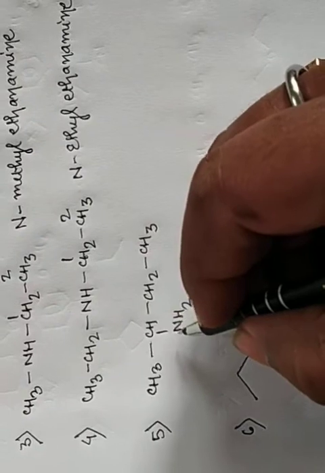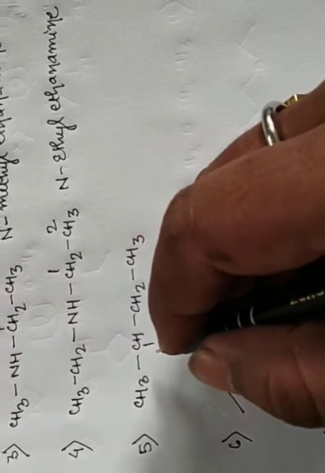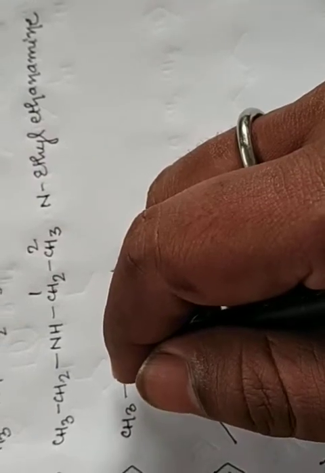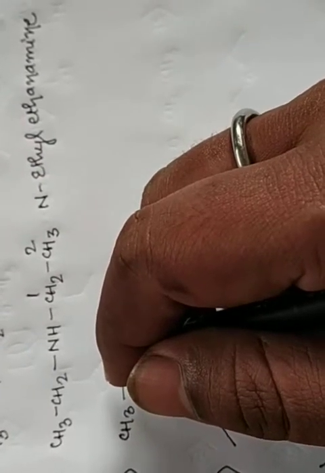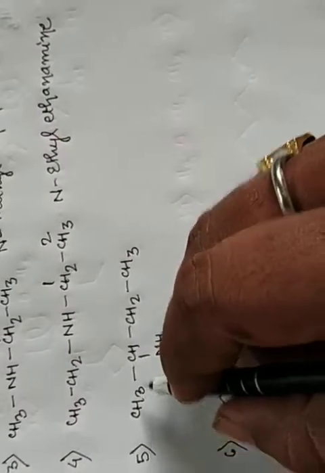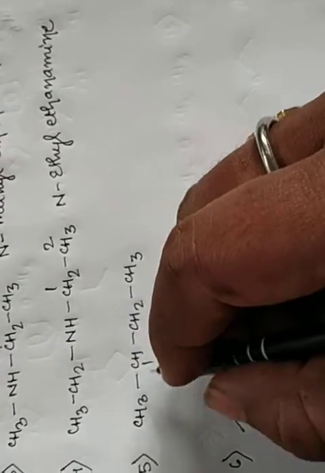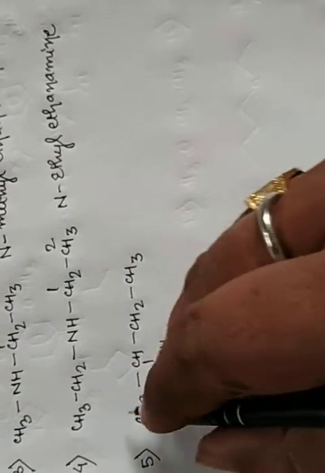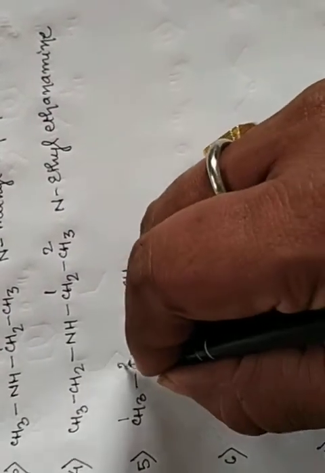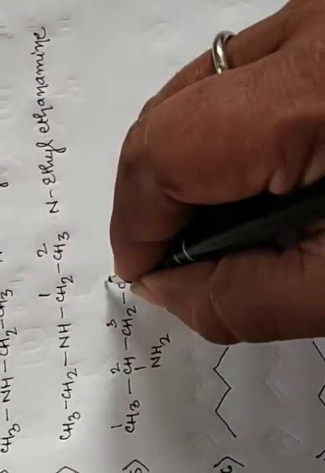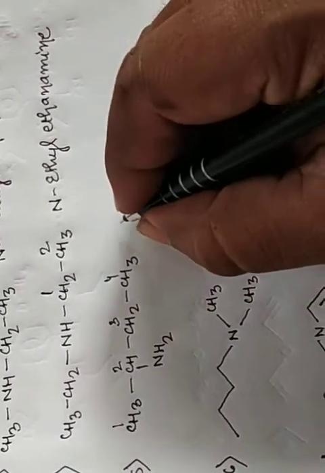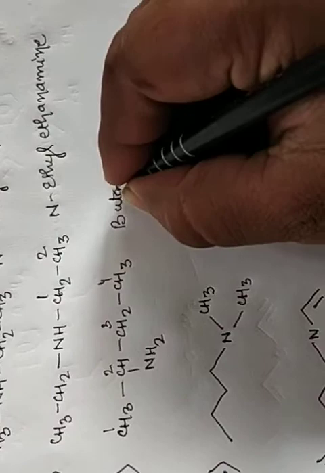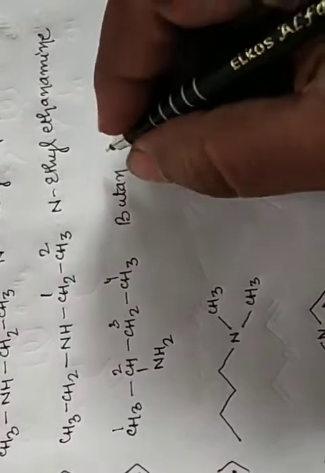Again, nitrogen is attached to this carbon. What is the longest chain? Now how to write it? There is a longest chain, 1, 2, 3, 4, numbered from this side because the NH2 group is nearer. 4 carbons means butane, and E replaced by amine.